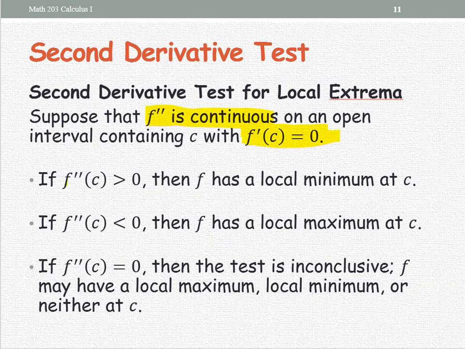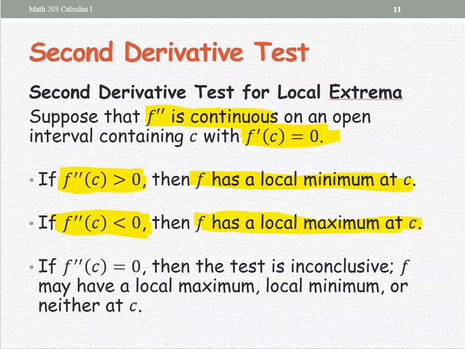If the second derivative is positive, or c is in an interval that is concave up, f has a local minimum at c. If the second derivative at the point c is less than 0, or c is in an interval of concave down, the function f has a local maximum at the point c.